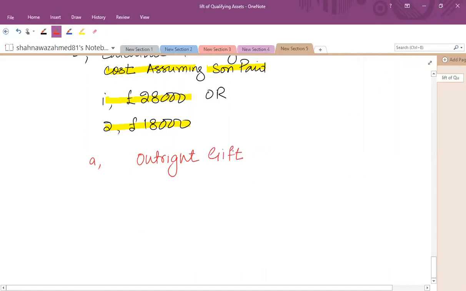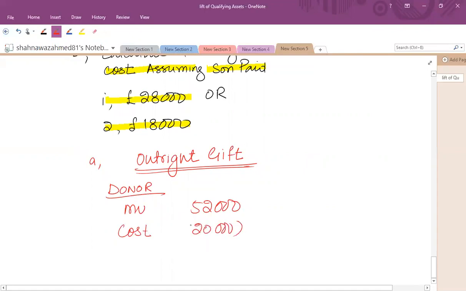So if it's an outright gift, then first of all, from the donor's point of view, the market value is sale proceed, and it was 52,000. The original cost was 20,000. So the gain is 32,000.